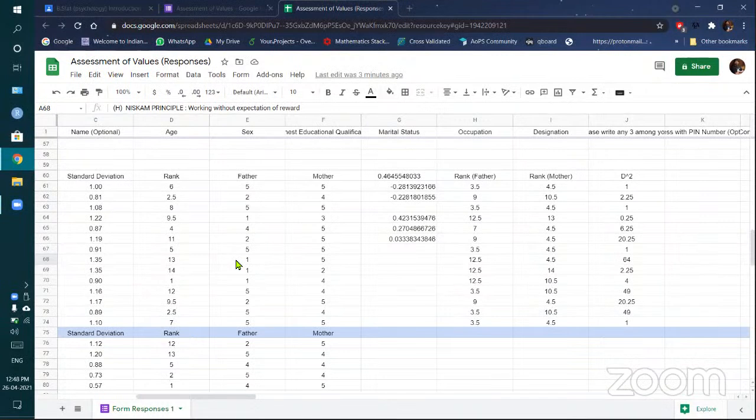So you can do the same thing for the goal oriented, and then you can find out to what extent there is a difference between these people, and whether there is any high similarity or dissimilarity. So it is called basically the convergence and divergence of the human values, human value preference. Okay.